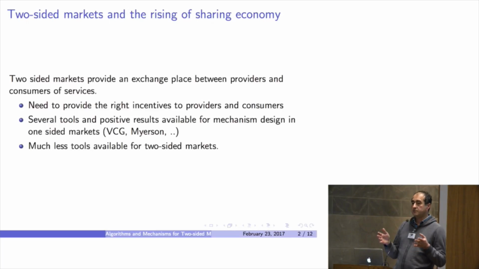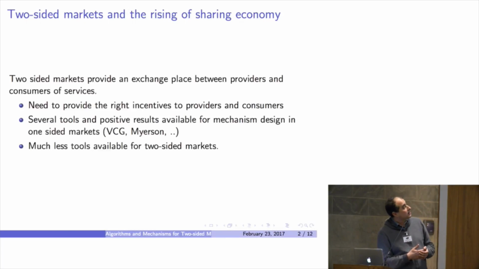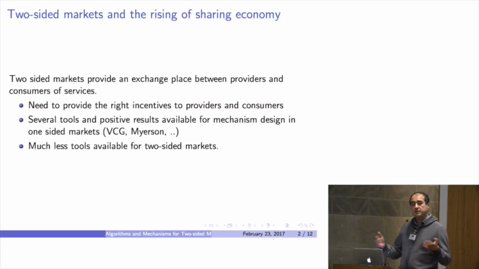There are landmark results that shaped research in economics and more recently also in computer science and other disciplines for one-sided markets, like, for example, the Vickrey-Clarke-Groves mechanism for maximizing the social welfare, or the Myerson mechanism that optimizes the revenue for Bayesian agents.